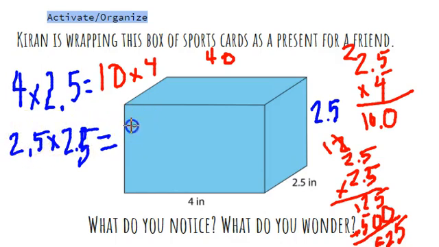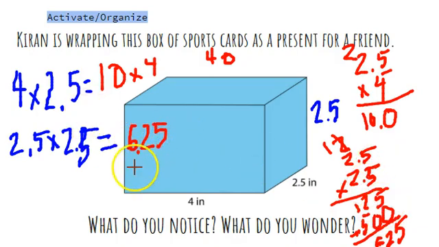So I have 6, 2, 5 as my digits there. I have tenths times tenths. Well, tenths times tenths, or 1 over 10 times 1 over 10, gets me 1 over 100. So that means that my answer is 6 25/100. One place to the right, one place to the right, so my answer has to have 2 to the right.